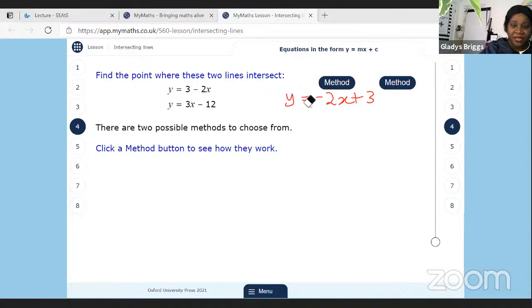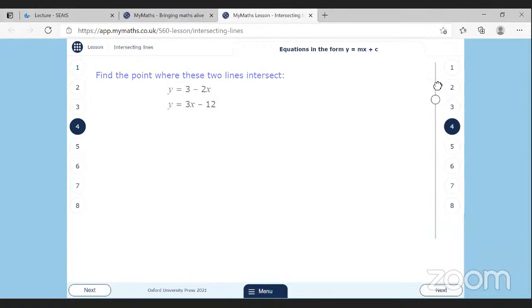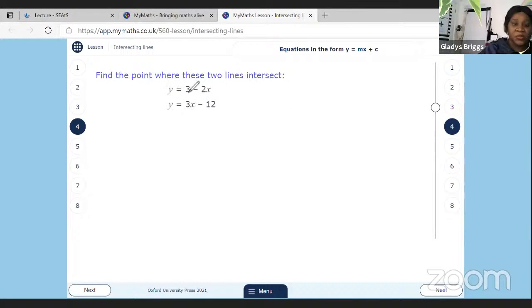Okay, so we'll say this one is y is equal to negative 2x plus 3, and y is equal to 3x minus 12.